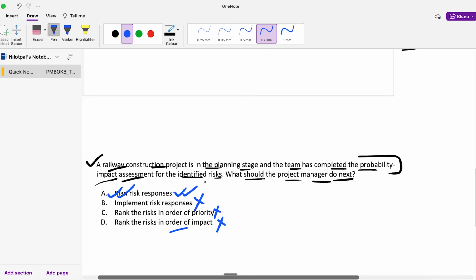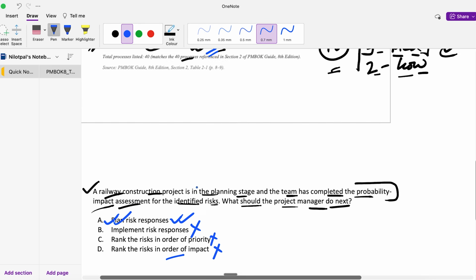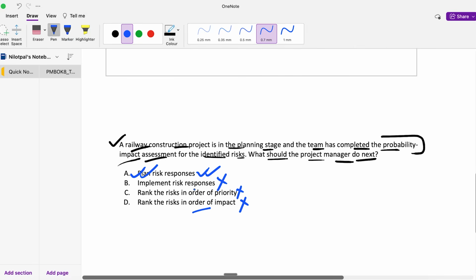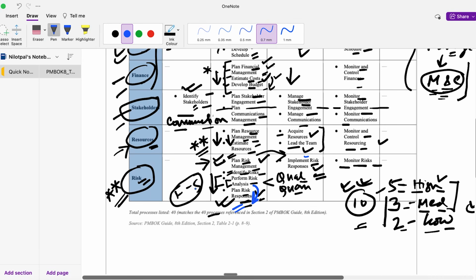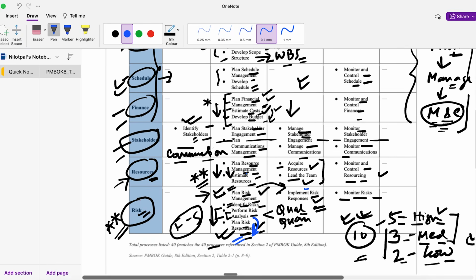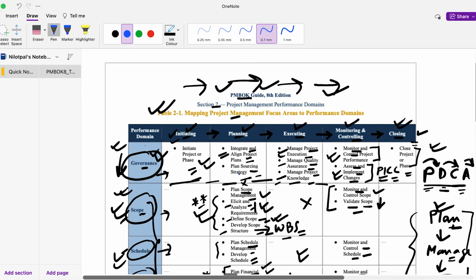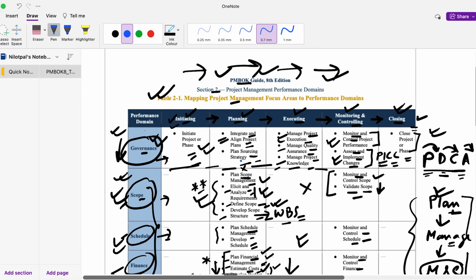Now this might be an easy question, however it is quite foundational for you to understand how these sequences will be tested as part of your PMP exam. Okay, so just to summarize what we have learned as part of this overall discussion: firstly, from initiating, planning, executing, monitoring and controlling, it follows a proper left to right sequence, preferably finish to start as well, that you first initiate, then you plan, then you execute, monitor and control, and then you close out.